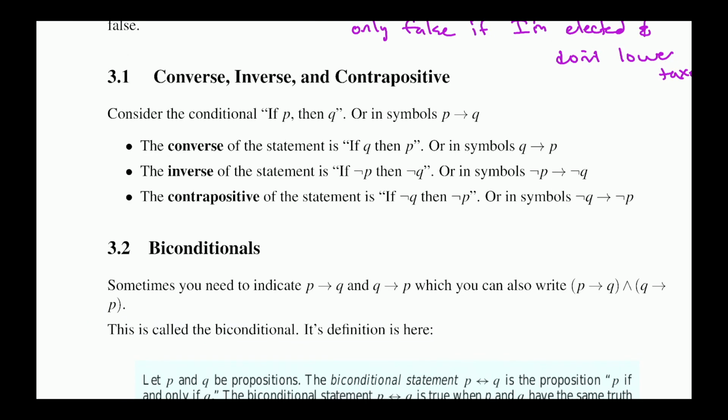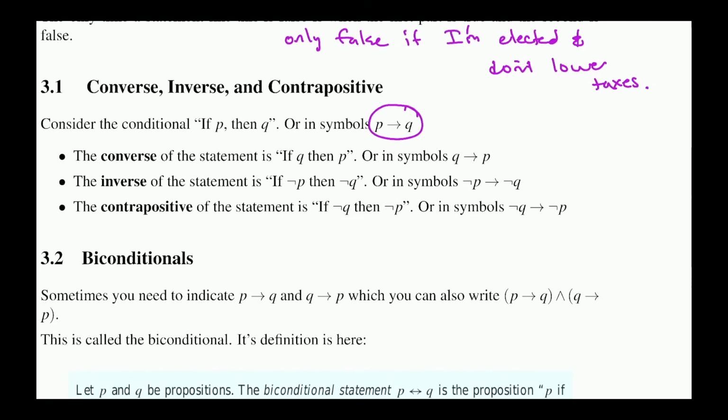So there are things related to conditionals. You've got an original conditional here, P implies Q. And then you've got a converse. What's a converse? Converse means switch them, so the order switches.